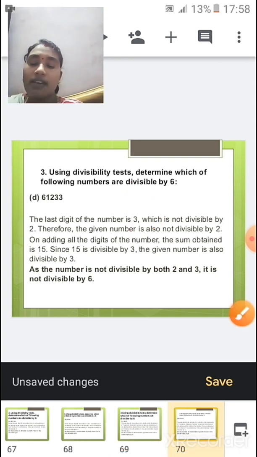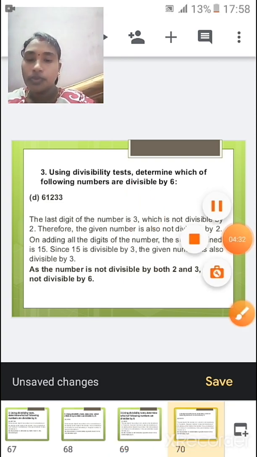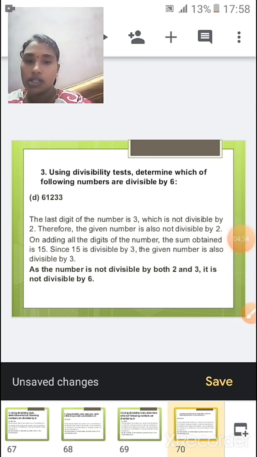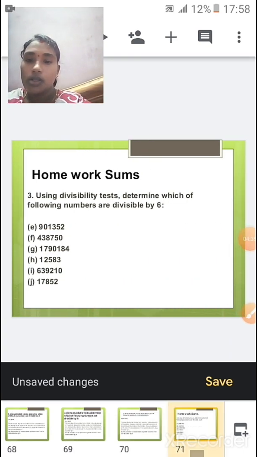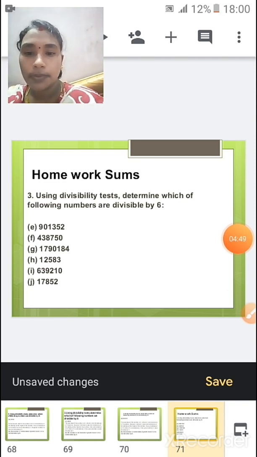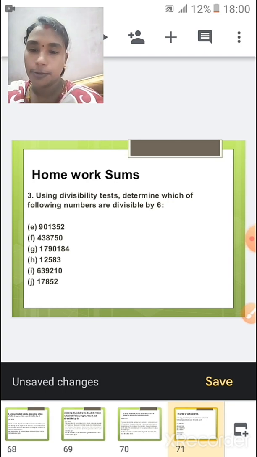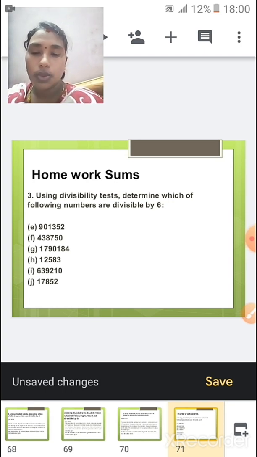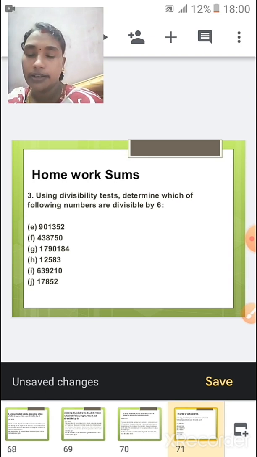Okay, so I have a set of homework questions for you. So let me see what are the homework sums for you. Let me read out the sums. E sum is 90 lakhs 1352.